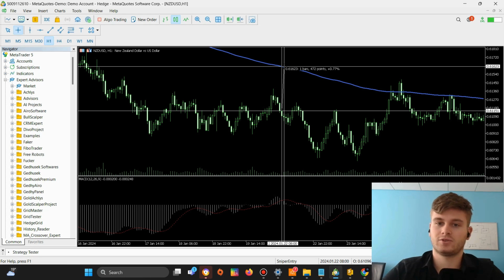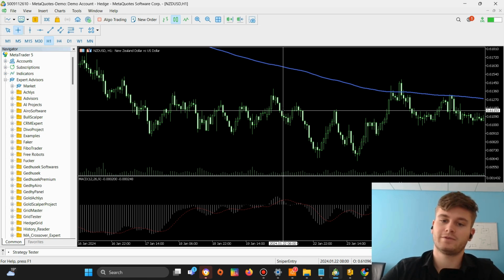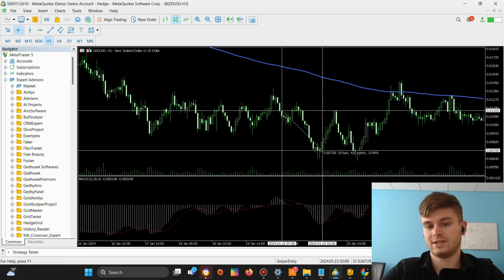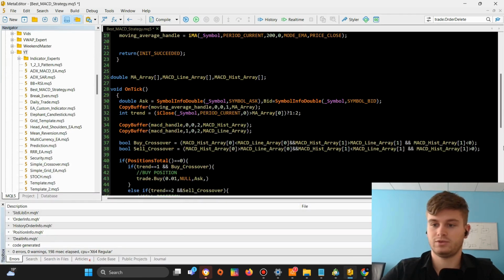And it was also said that the take profit is 1.5 times larger than the stop loss. So we have to calculate the distance between the current price and the moving average, and then use that distance for the take profit. So let's do that.